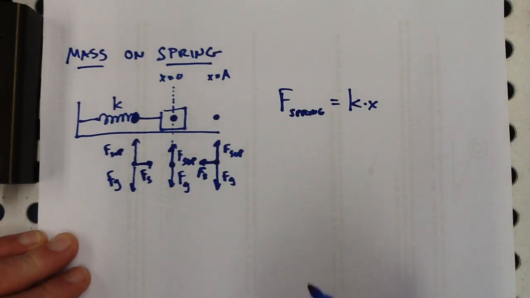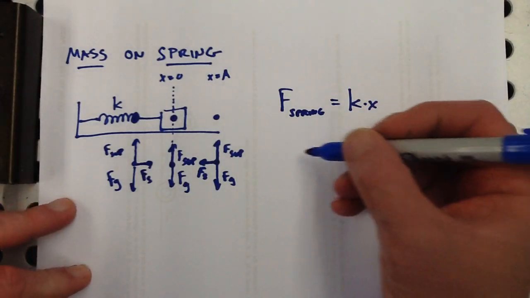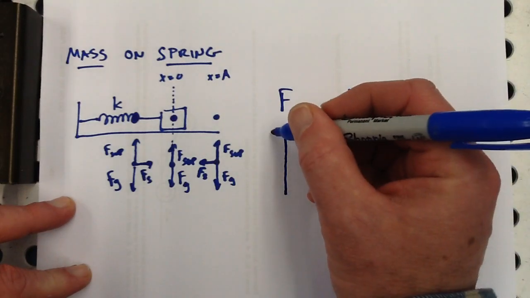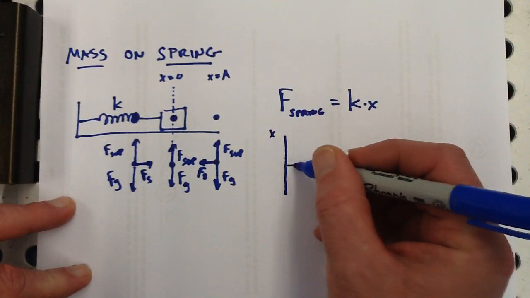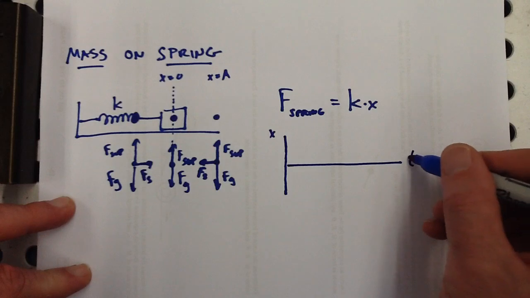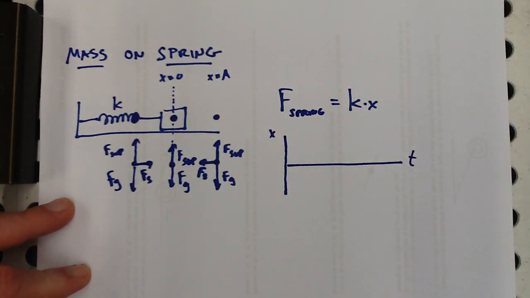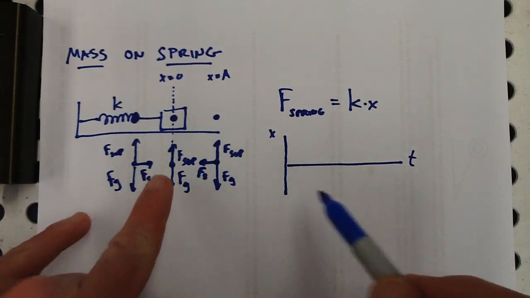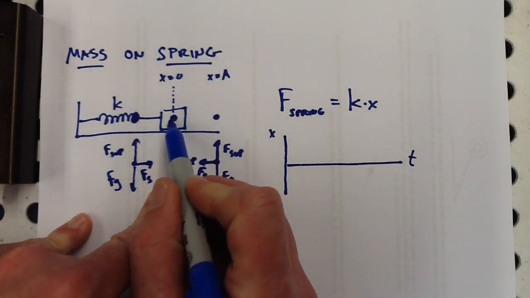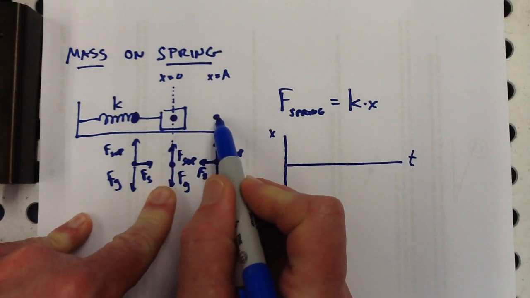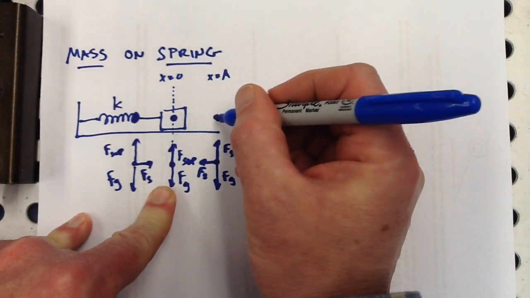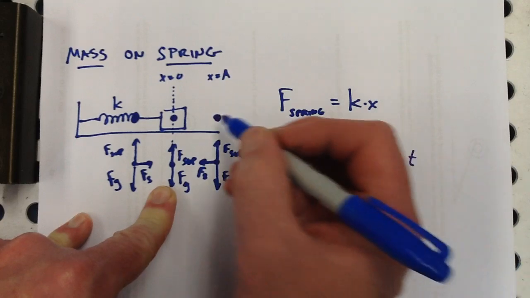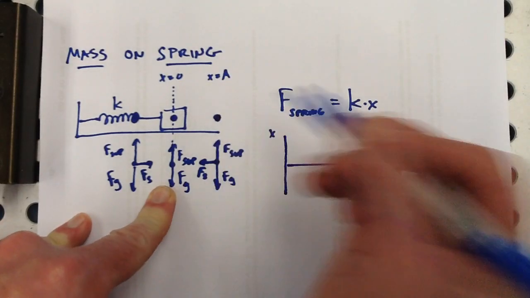We could make a graph of position versus time. I could think about what that might look like. Usually, this does not have to be the case, but we usually imagine that the spring has been pulled over or pushed to its maximum position, whatever its amplitude is going to be, and then we let go and it starts oscillating from there.